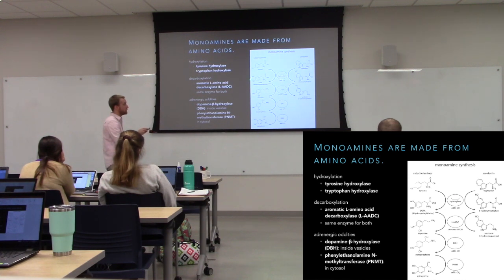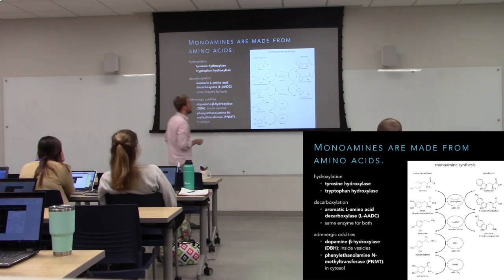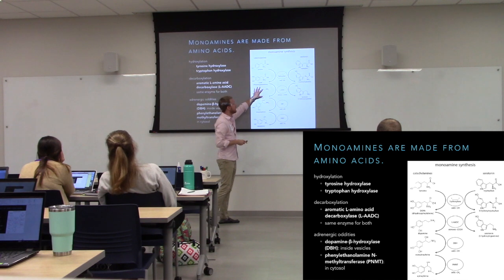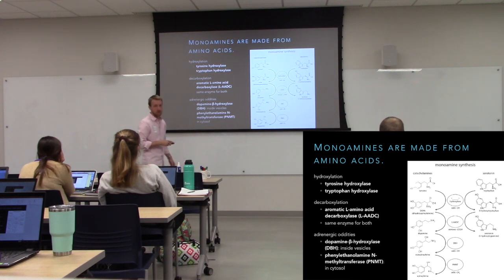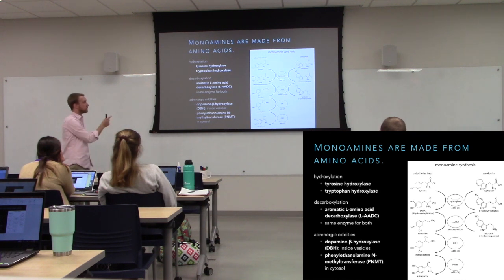This forms dopa, which we then decarboxylate with L-aromatic amino acid decarboxylase. So that enzyme does exactly what it says it does. We remove a carboxyl group and make dopamine. Same thing for serotonin, except we start with tryptophan. We hydroxylate it, and then decarboxylate it, and then we have serotonin. You can write all this stuff down, you don't need to remember it. But they're remarkably similar. But by starting with a different amino acid, you end up with a different neurotransmitter.